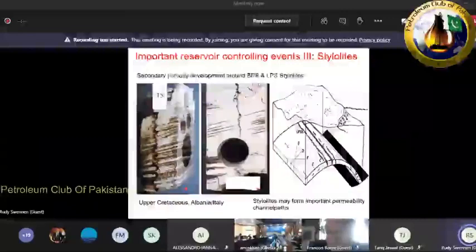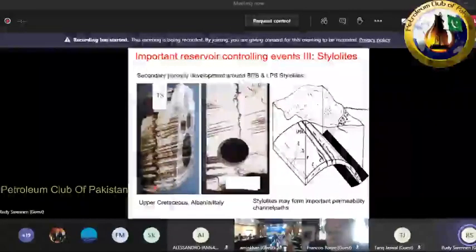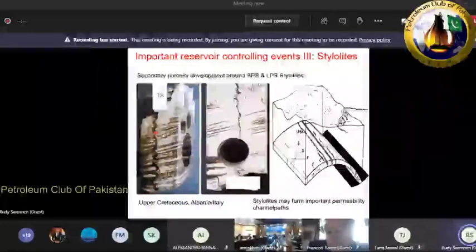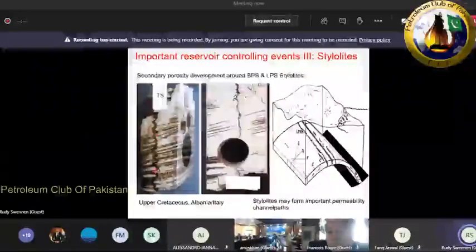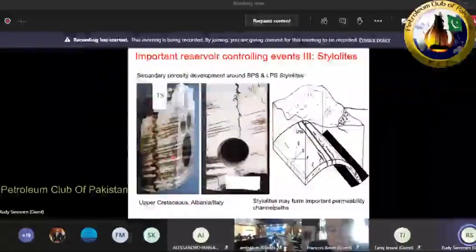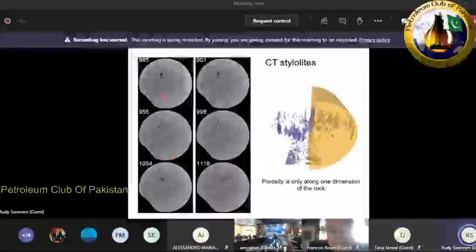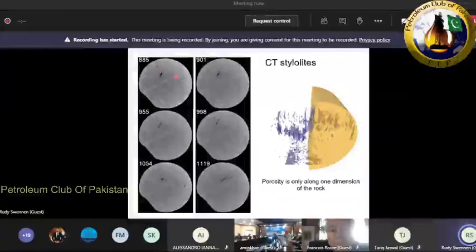The question is whether this connectivity that you can see by the oil staining is in a vertical sense or more in a lateral sense. Again, here we can use computerized tomography, and you can see in the different sections that if I reconstruct this in 3 dimensions and make the rock transparent, the connectivity is not along the stylolites, but much more within the rock itself.